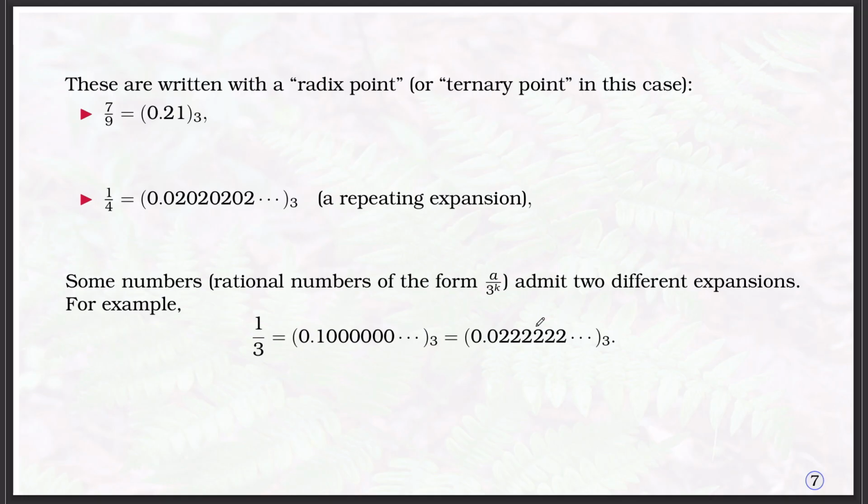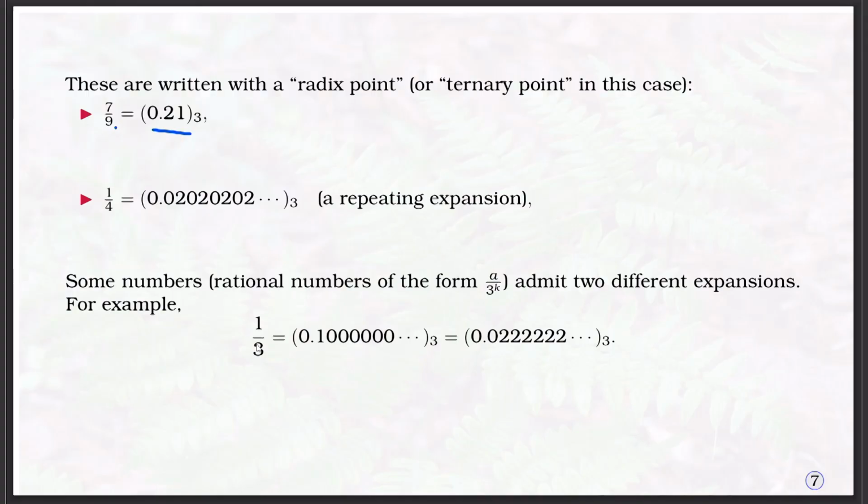The interesting fact is, 7 by 9 has this base 3 representation and 1 by 4 has a representation 0.0202 repeating. Now, some numbers in the interval 0, 1 admit more than one base 3 representation. Let us see an example. Take the number 1 by 3.